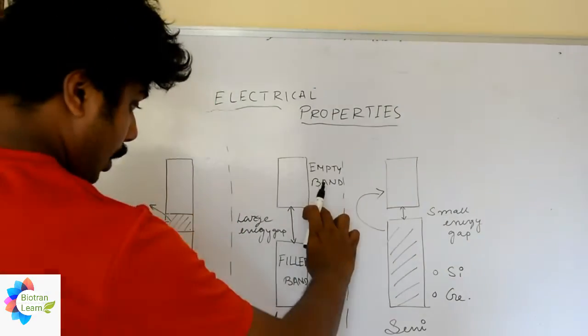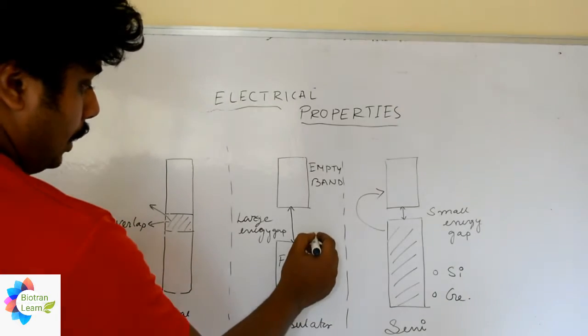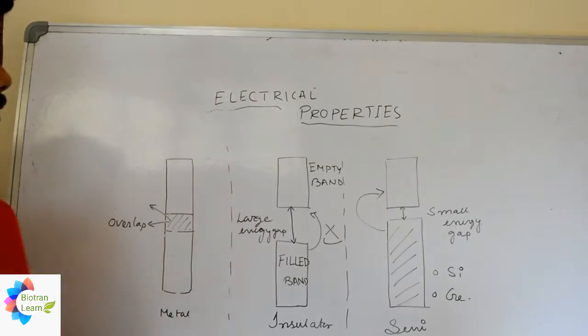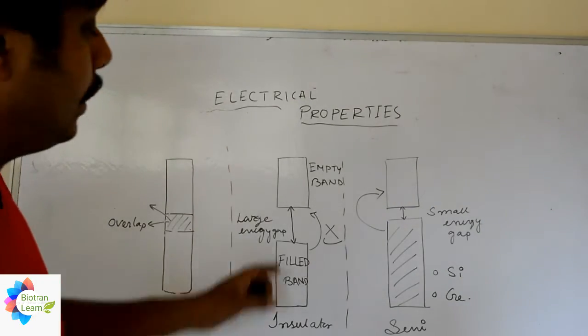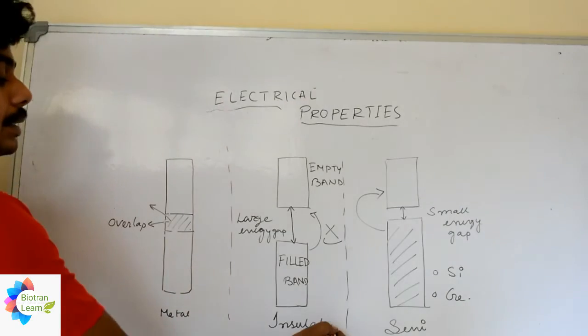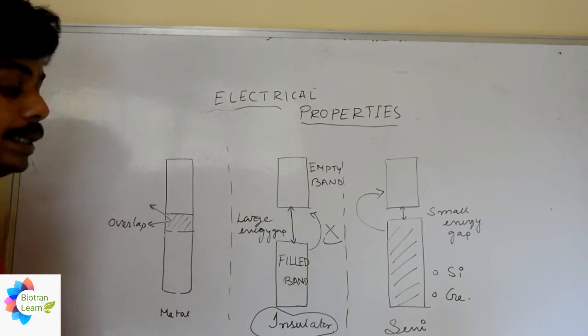But due to a large energy gap, electrons will not be able to jump from the filled band to the empty band, hence it will not be able to conduct electricity, and these will be called insulators.